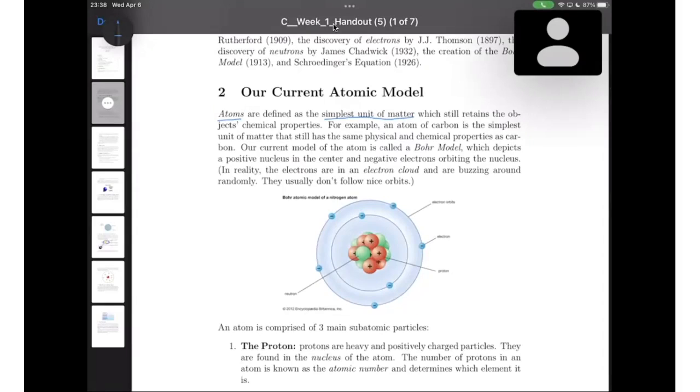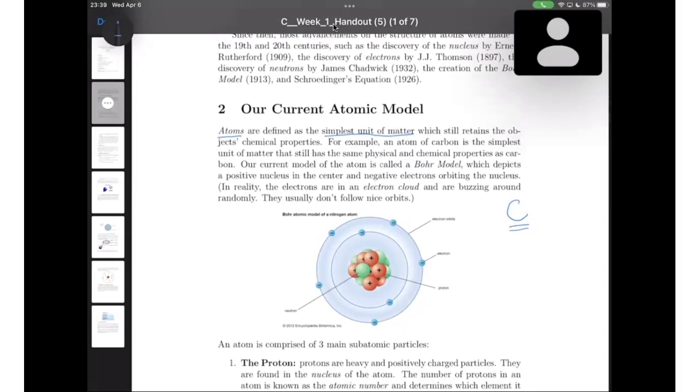For example, an atom of carbon, which we will denote with a C, is the simplest, smallest unit of matter that still has the same physical and chemical properties as carbon, such as being a decent conductor, though not the best.